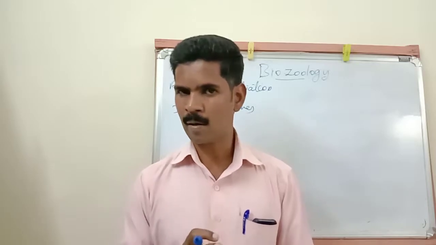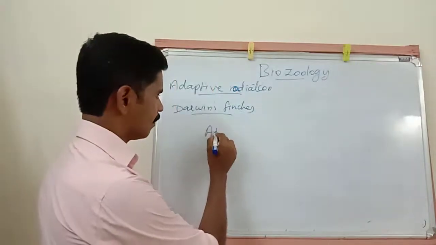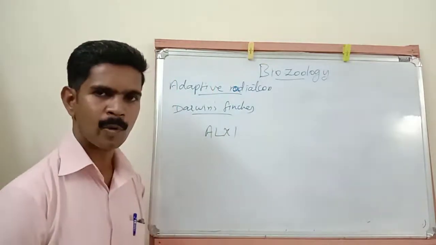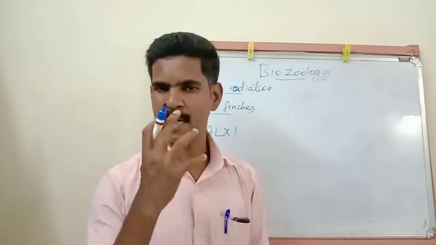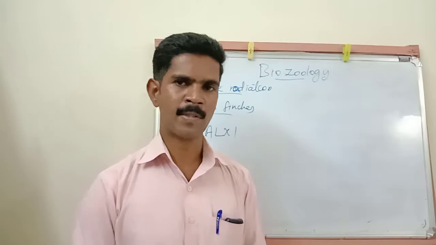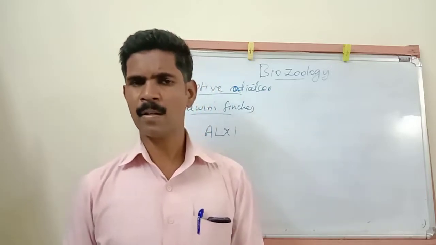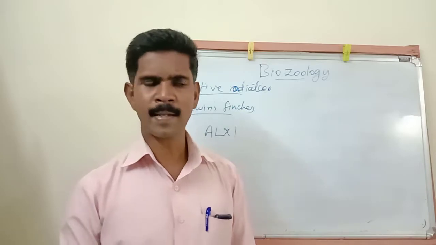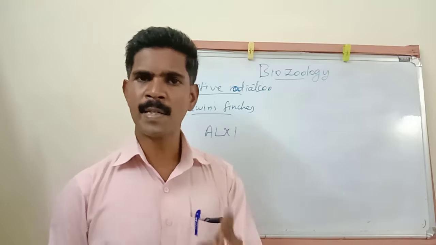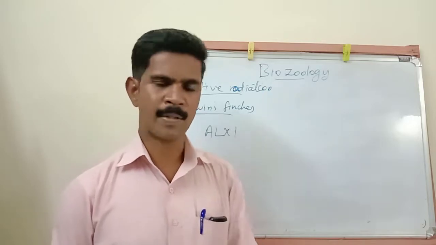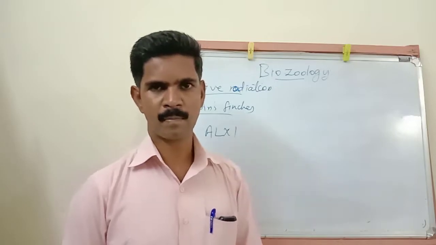The name of this gene is ALX1G. This gene is responsible for the shape of the beak of Darwin finches. If any mild mutations occur in this gene, it leads to some changes in the beak of the Darwin finches.